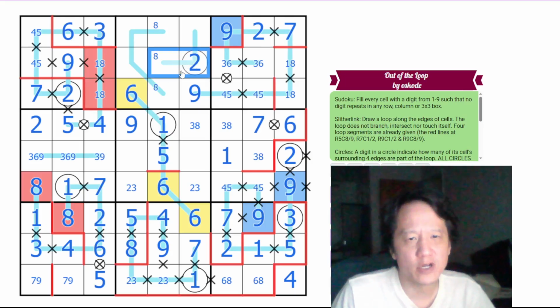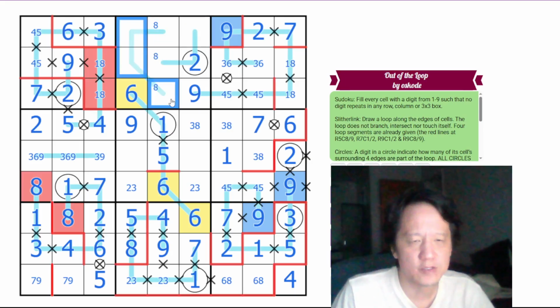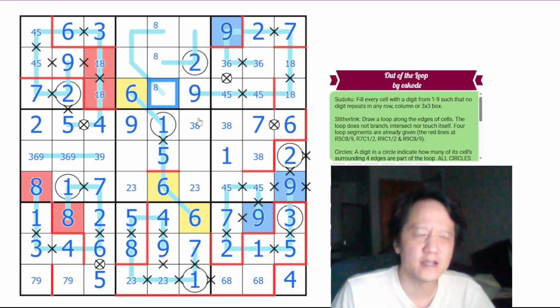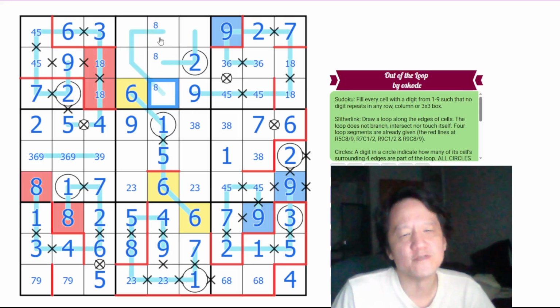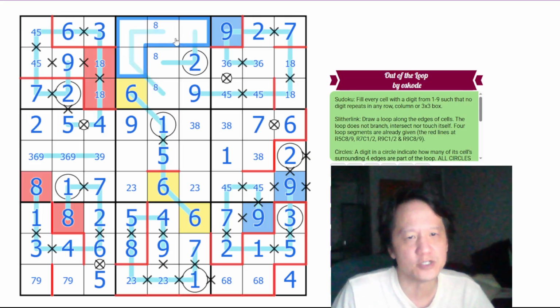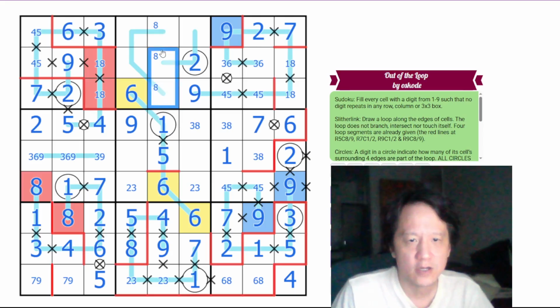So only one goes in here and then one goes out one of these 2 ways here. This must be divided into 2 segments at least. Actually, I think it has to be 2 segments. It can't be 3 segments. Because if it's 3 segments, that means there's 2 cells here, which are the same digit, which is not allowed in the box. Also, what are the possible digits remaining?